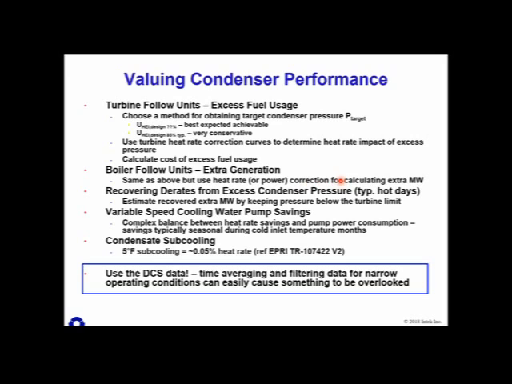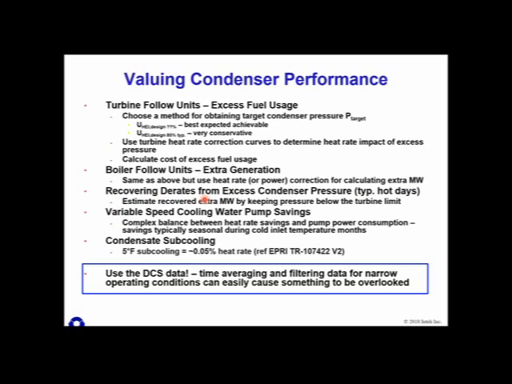So this is a much higher value proposition for solving excess back pressure problems. Instead of calculating fuel savings, you're calculating the lost revenue from lost megawatts.